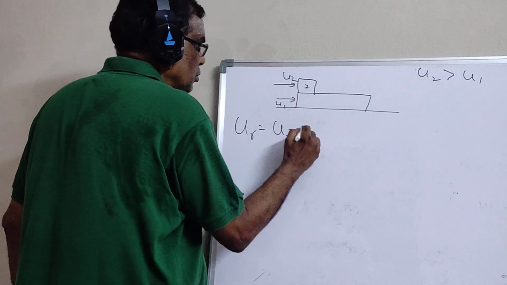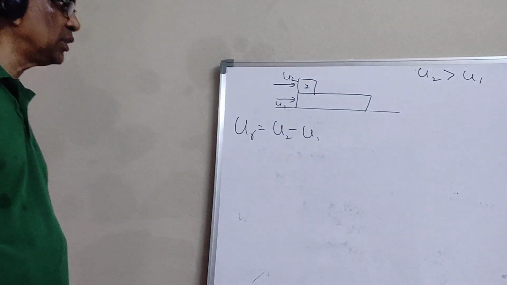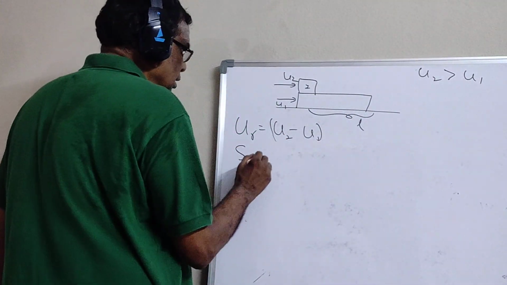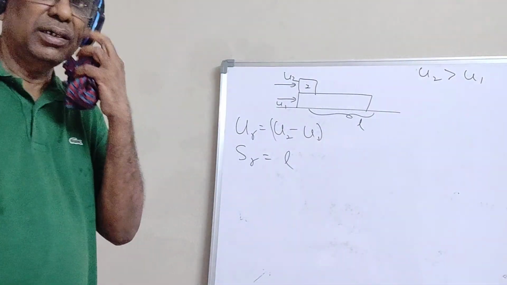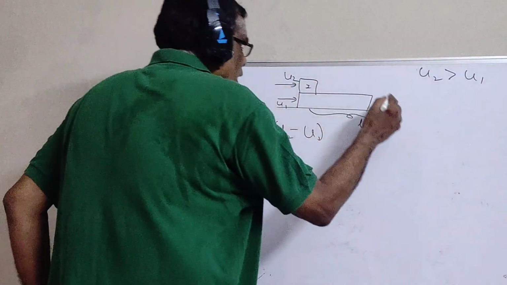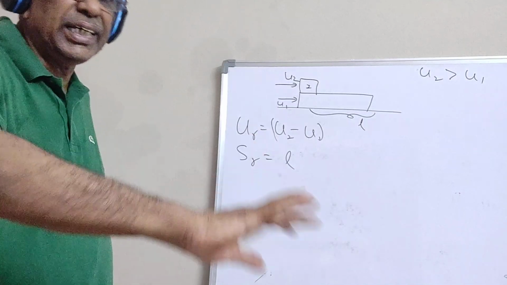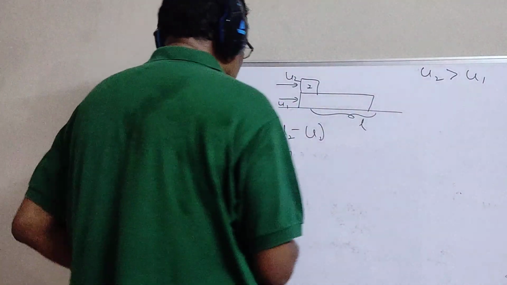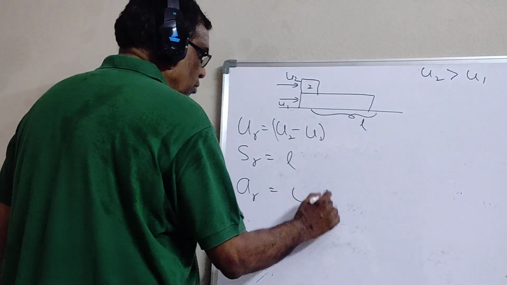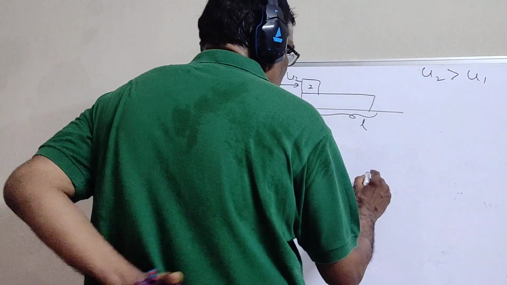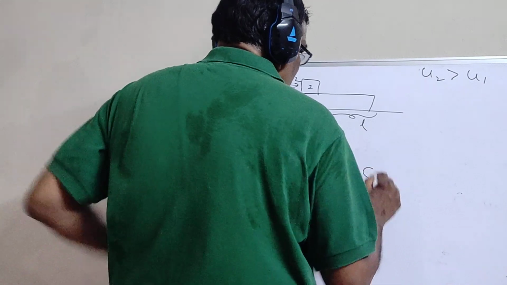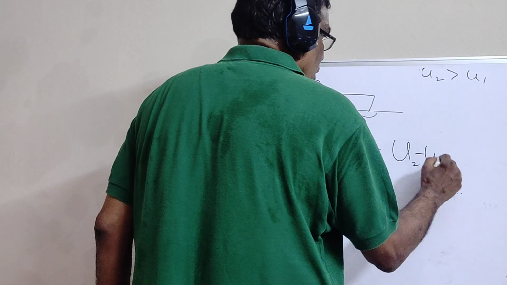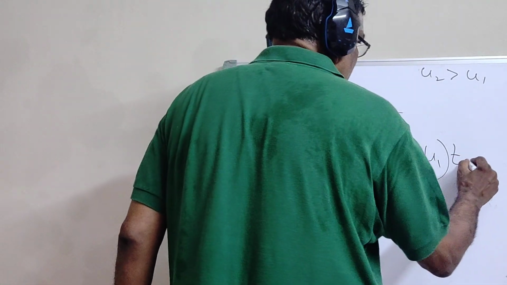UR is equal to U2 minus U1. And this is L. SR is equal to L. Right? This will follow. So everything is same. AR is also same. Only difference is AR you take from there.